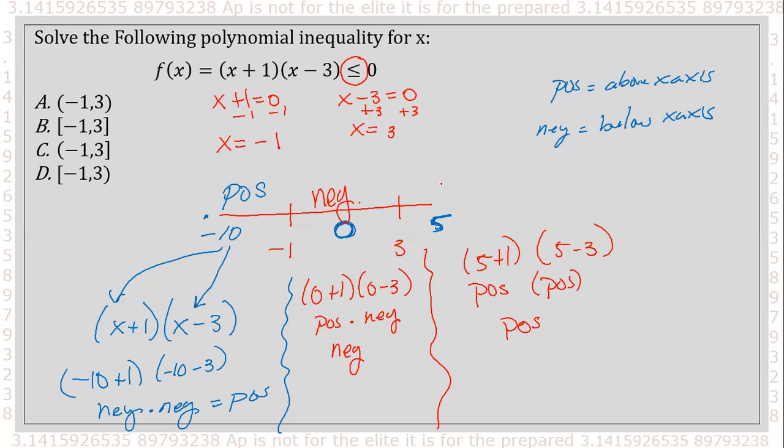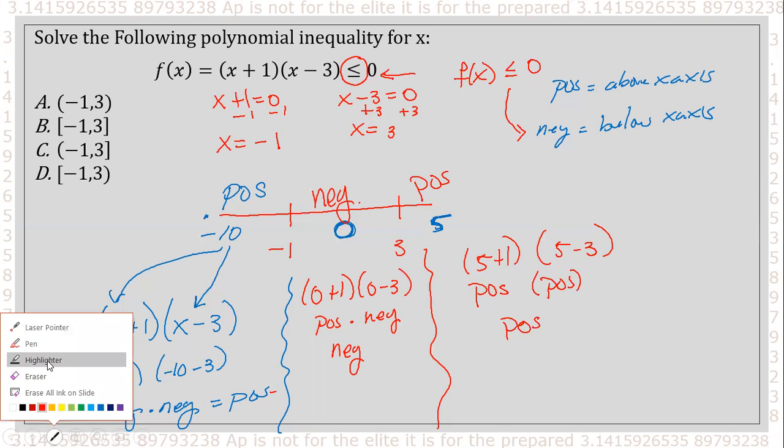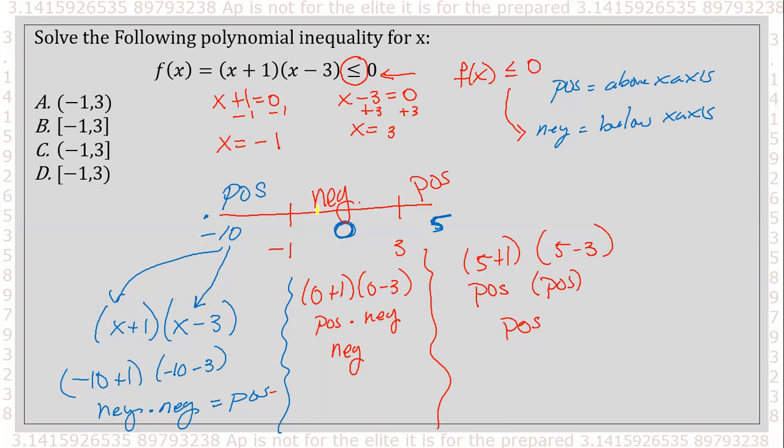Okay, so what is the question asking for? Well, it's asking when f of x is less than or equal to 0. Less than means the negative parts. So our answer should be the entire interval in which we have negative. So this right here.